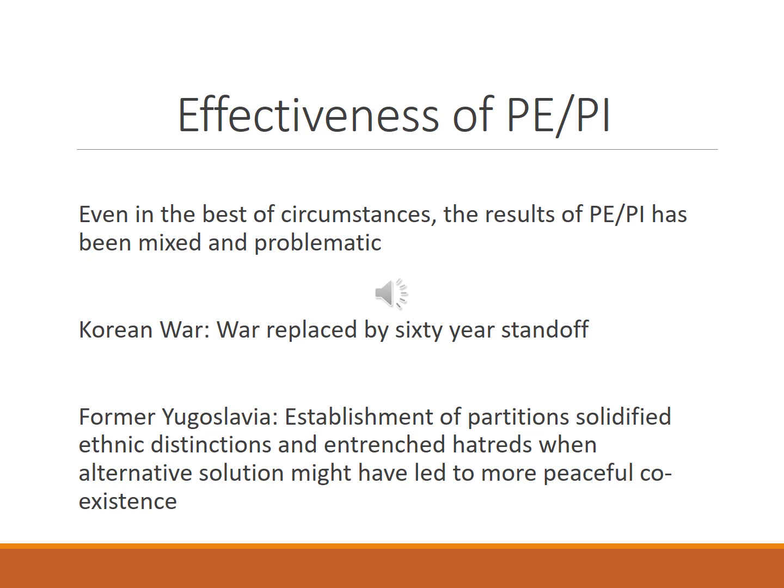And again, you solve one problem in the short term, but you create a new problem in the long term that you maybe didn't need to create. So again, the results are oftentimes very mixed, but again, these are very difficult situations.